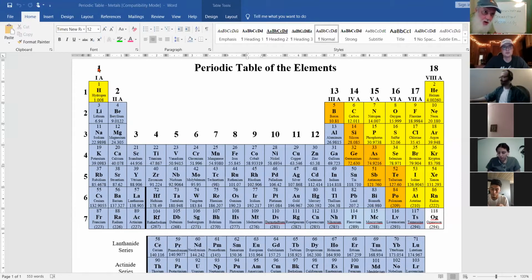You see here we have column 1, column 2, all the way up to column 18. So columns 1 up to column 18. Is that clear now?